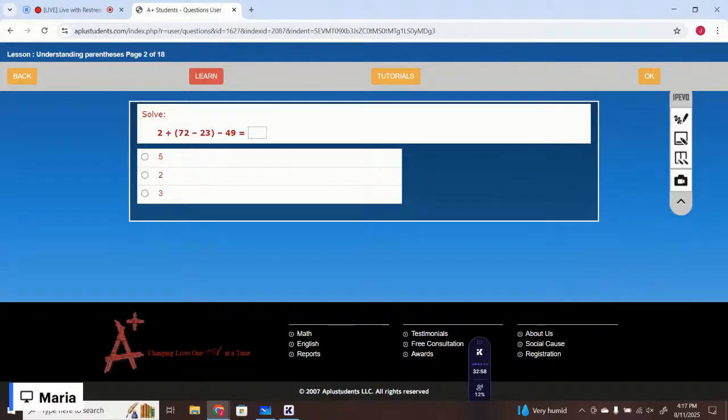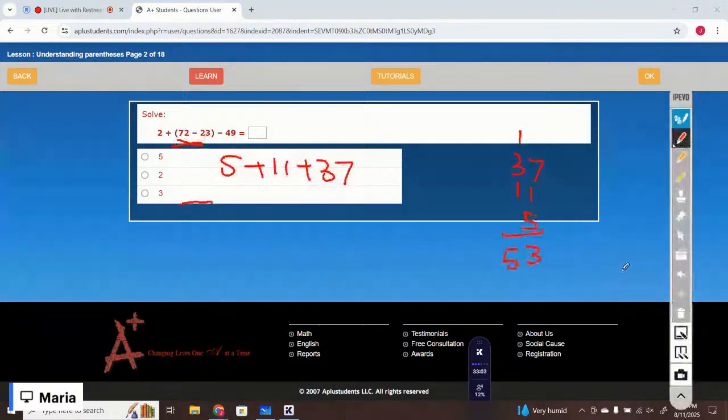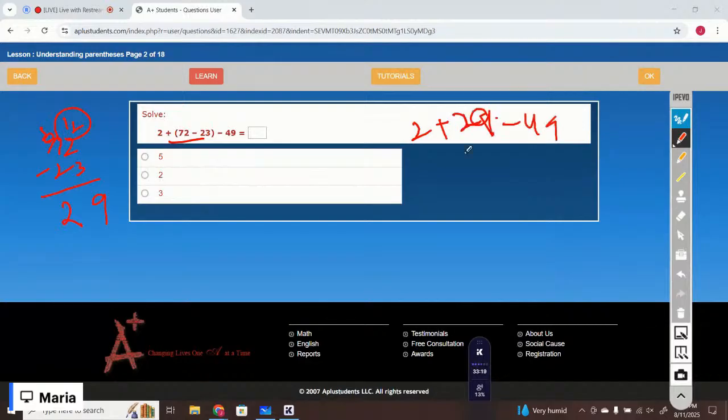Plus 72 minus 23 minus 49. So you need to solve the parenthesis first. 72 minus 23, right? So subtract, we need to borrow 1. So 12 minus 3 is 9. 6 minus 2 is 4. 49 it is.